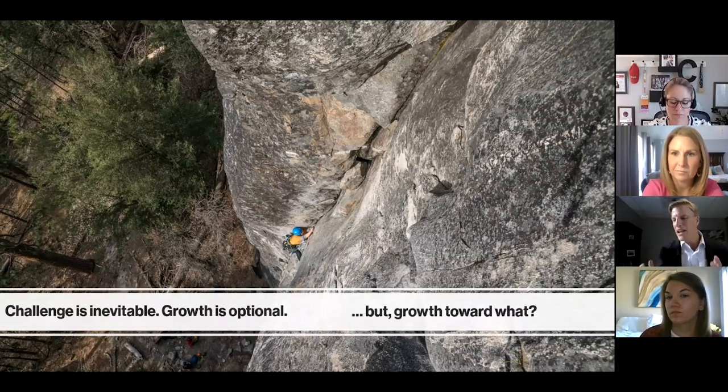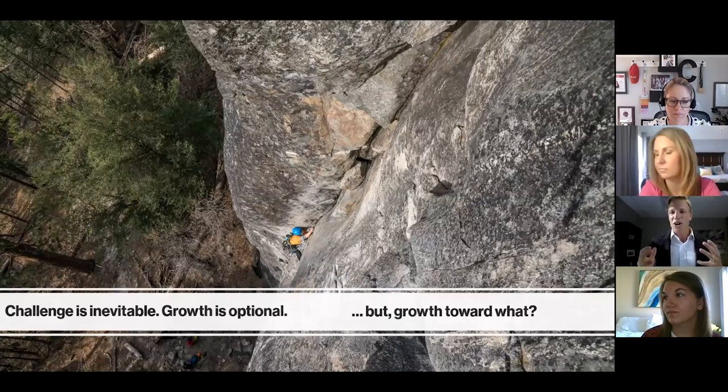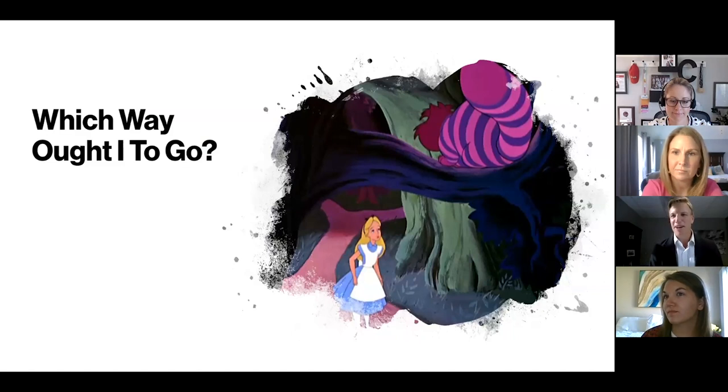But then we have to ask ourselves, if we're going to grow, what are we growing toward? If we're trying to scale the side of a mountain, what are we trying to achieve? What's at the top? Will this be worth it? Perhaps we feel like Alice in Alice in Wonderland when she's anxious and misdirected and she approaches the Cheshire Cat and says, which way should I go right now? And he gives profound advice to Alice.